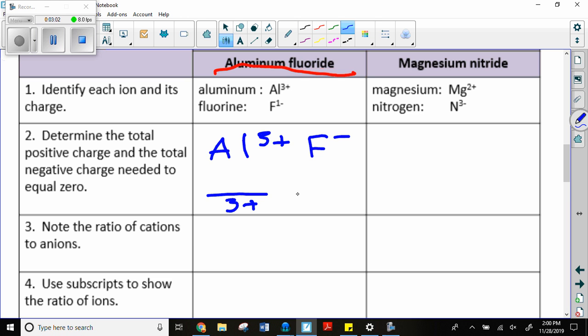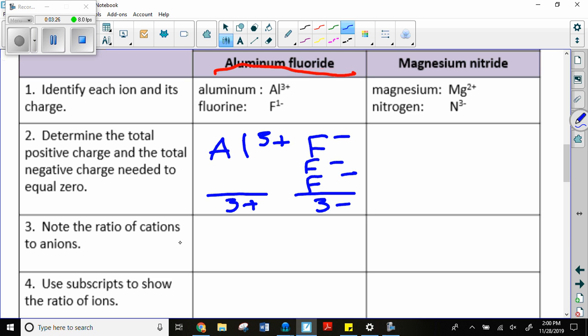Whereas for fluorine, we would have to have an overall charge of 3 negative to balance that out. So one aluminum has a 3 positive charge, but we would need a few fluorines to get that 3 negative charge. So we've got fluorine, we need that one, and then we need that one. When we've got 3 negative charges, that's how we're going to get our fluorine.